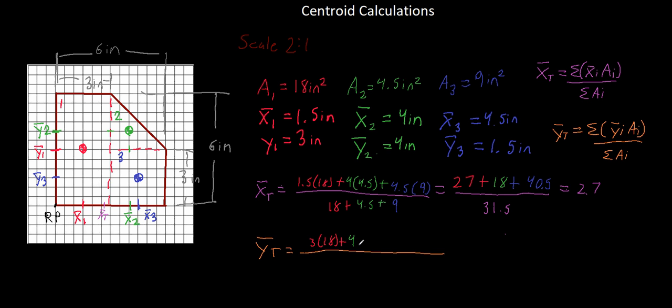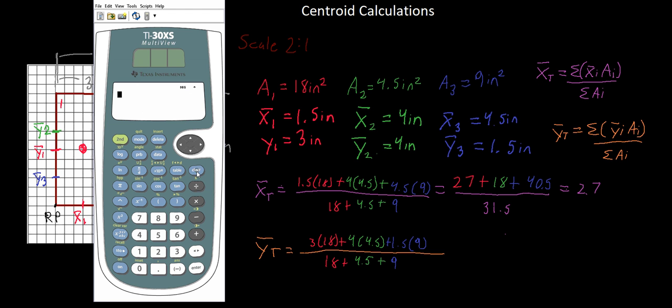So 4 times 4.5, and then the y distance multiplied by the area for shape 3 was 1.5, so plus 1.5 times 9. And of course, the numbers on bottom are the exact same. We got 18, we got 4.5, and we've got 9. And actually, we don't really need to simplify.